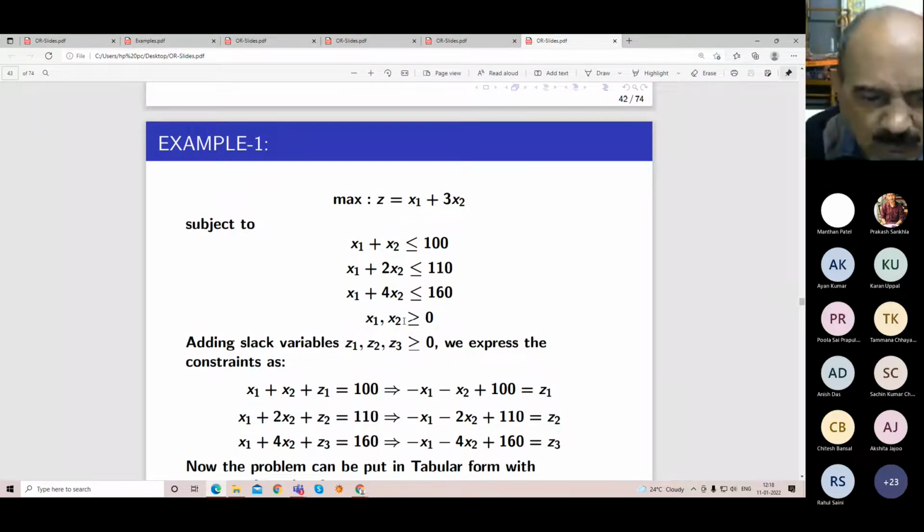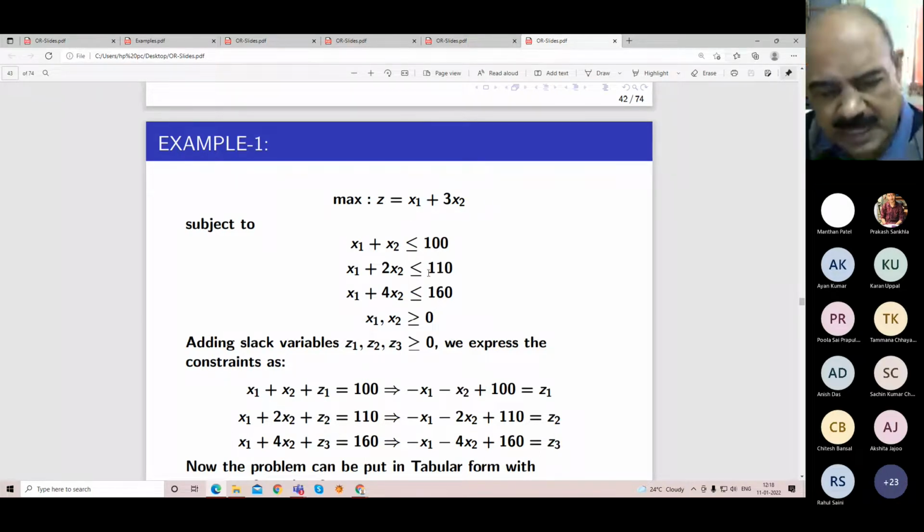Now we would like to add slack variables. Why slack variables? The reason is, a constraint can be of less than or equal type, greater than or equal type, or equality type. So we have to introduce slack, surplus, or artificial variables according to the need.